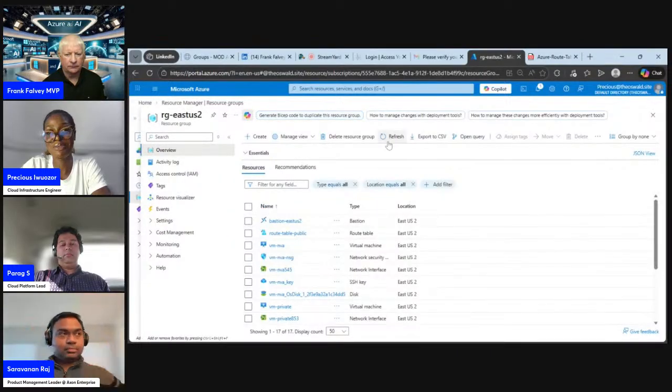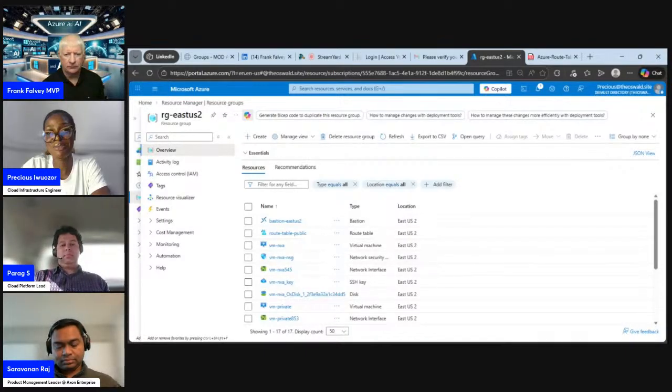I set up a virtual network and 3 subnets, including 1 subnet for Azure Bastion for connecting to my virtual machines, 1 subnet for a public subnet. The next subnet is a private subnet. Then the other subnet is a DMZ subnet for our NVA. When I say DMZ, I mean a demilitarized zone subnet, which is a subnet I use for the NVA, the network virtual appliance virtual machine.